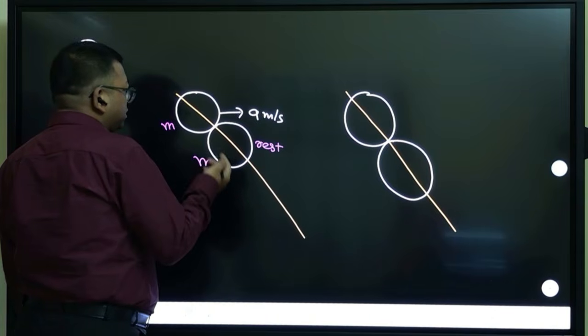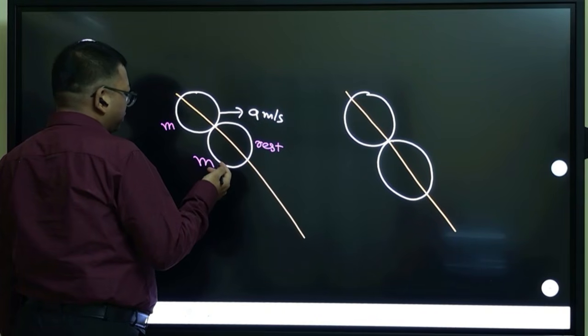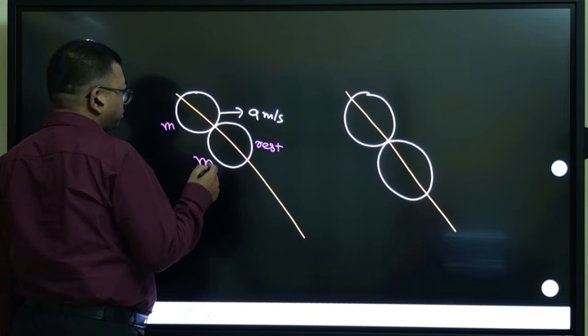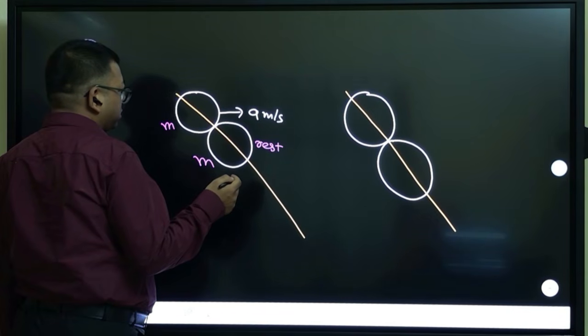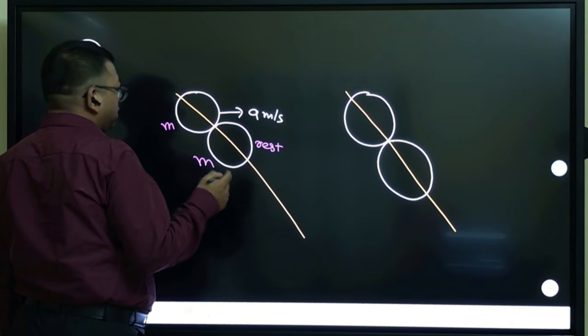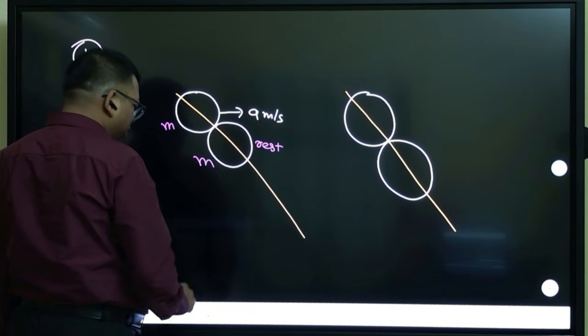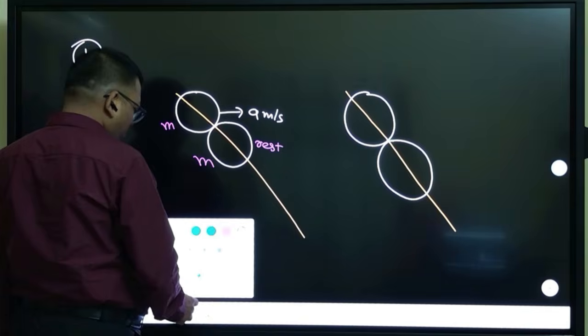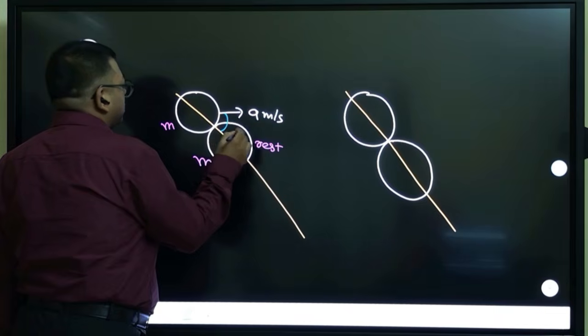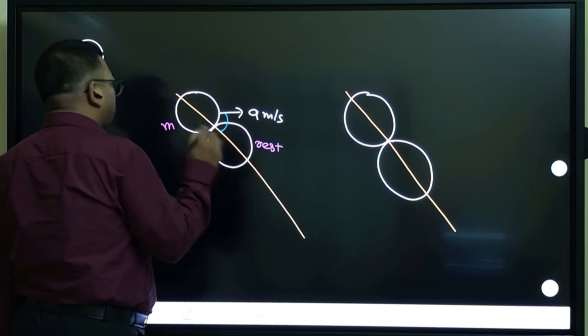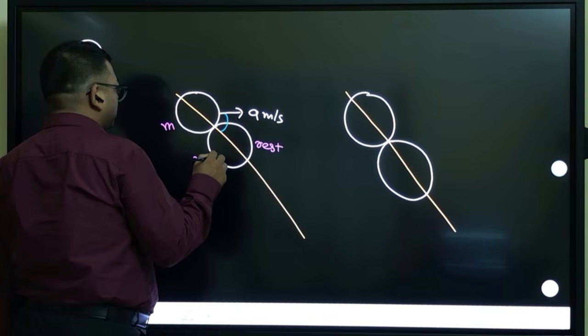What angle it is, that is not given, right? That is after, now, after that. Initially, how much it is making, that is not given. Only one ball is moving, right?